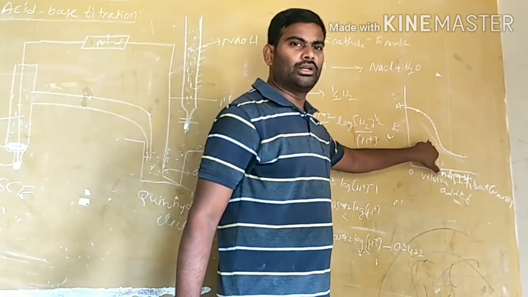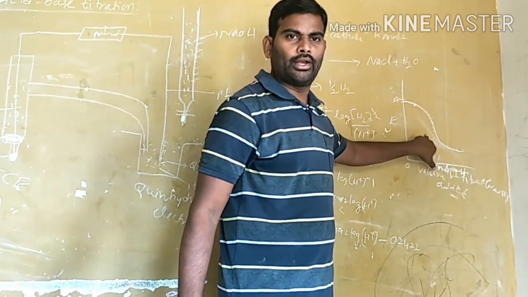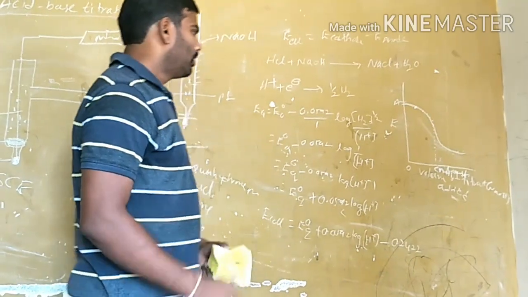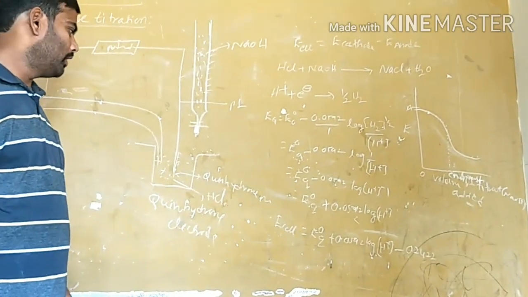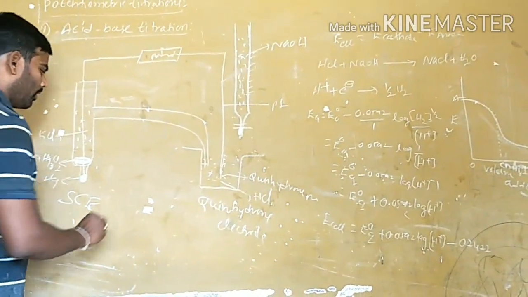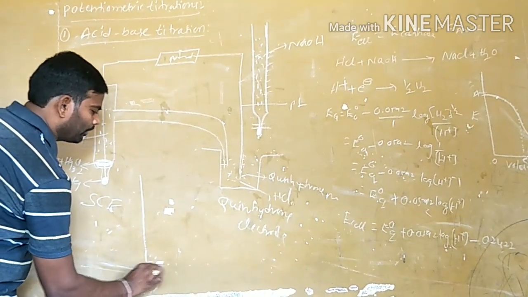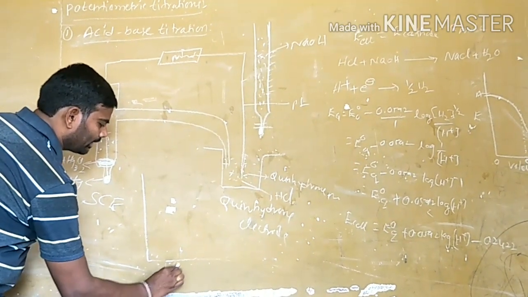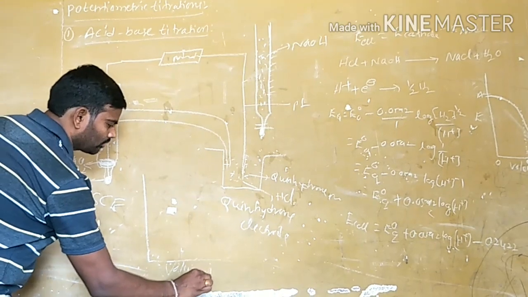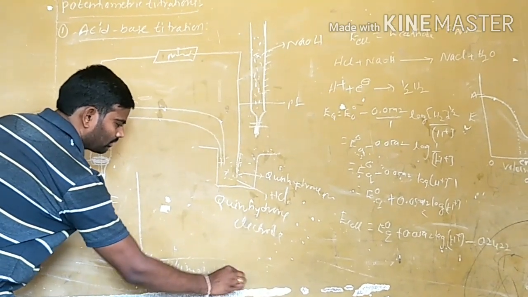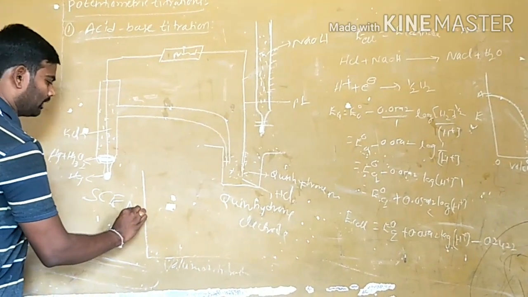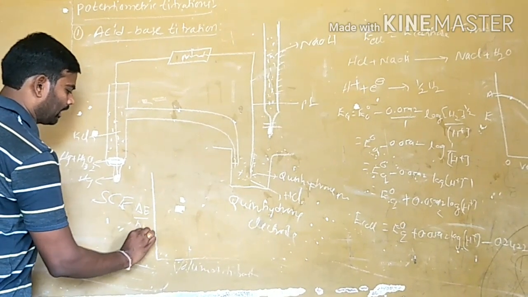In this case, detection of the exact end point is somewhat difficult. To get the exact end point value, we plot a graph of volume of titrant versus delta E by delta V values.